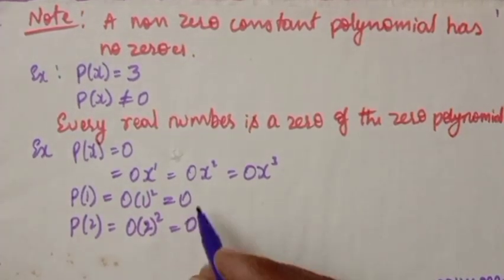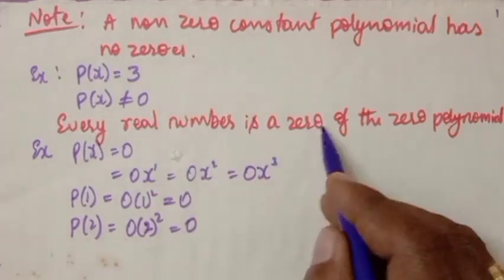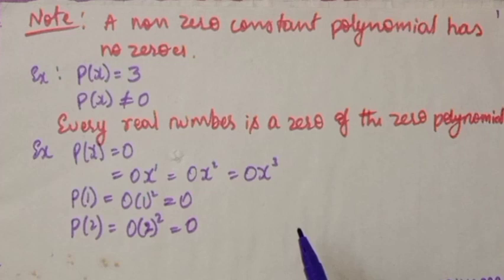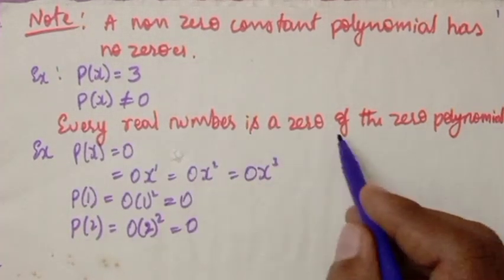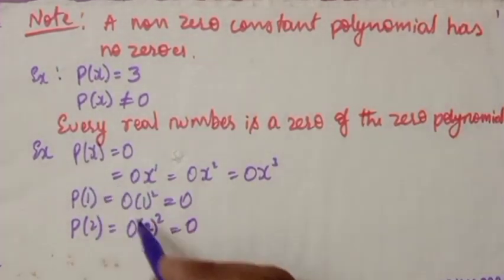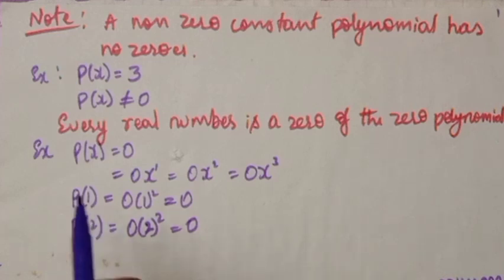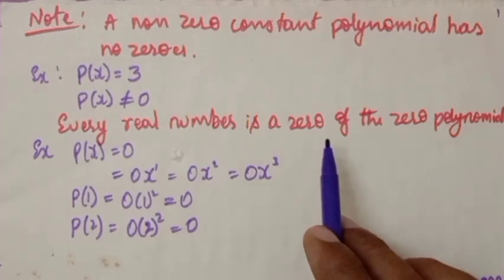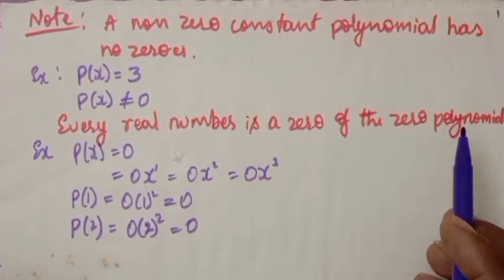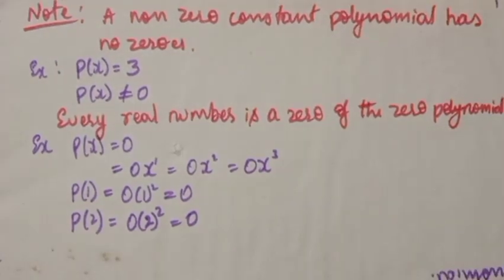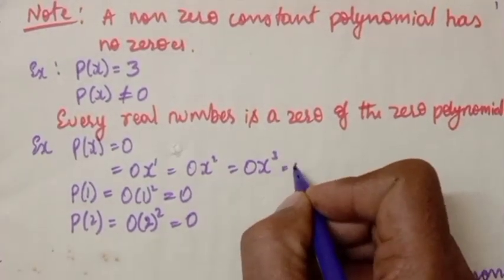Therefore, every real number is a zero of the zero polynomial. That's all. Likewise, you can try for any of the values. You will get 0. Any real number that is taken, with the zero polynomial, that real number will be a zero of the polynomial. This also will be equal to 0.